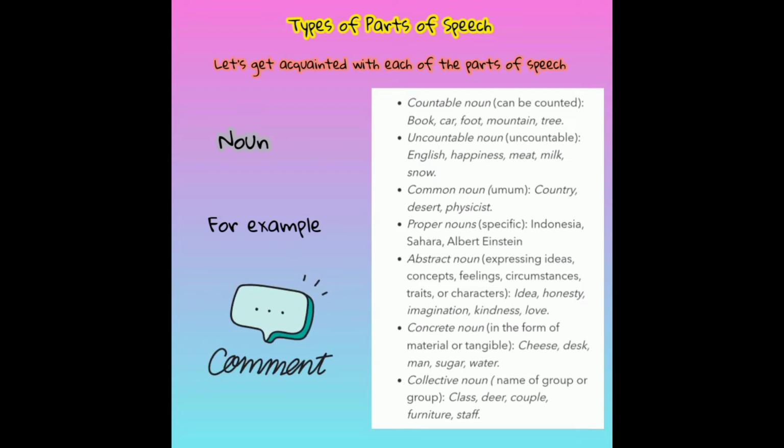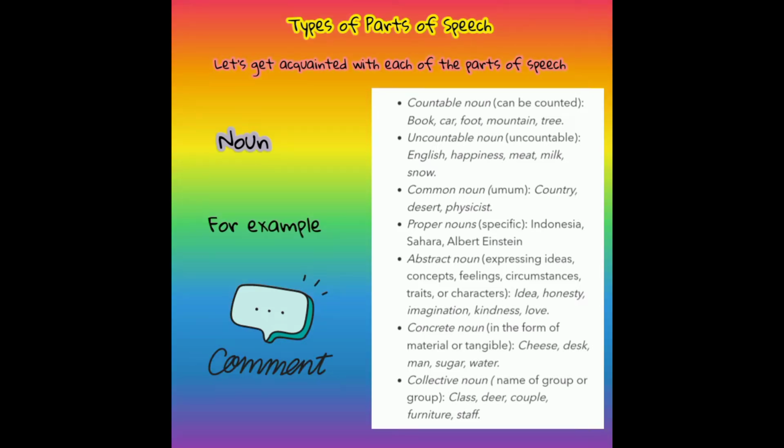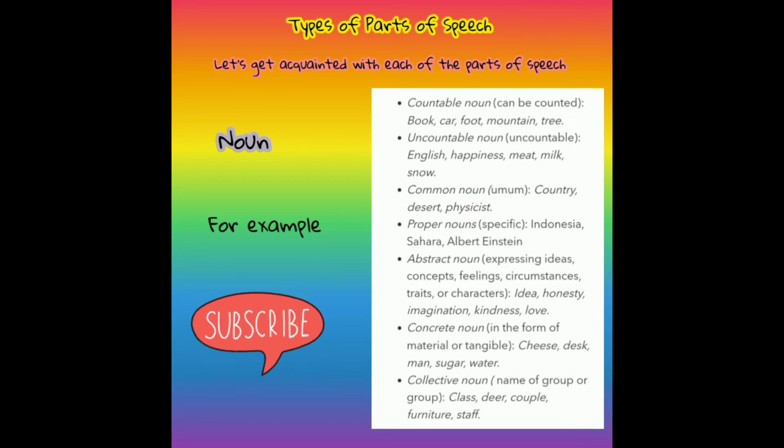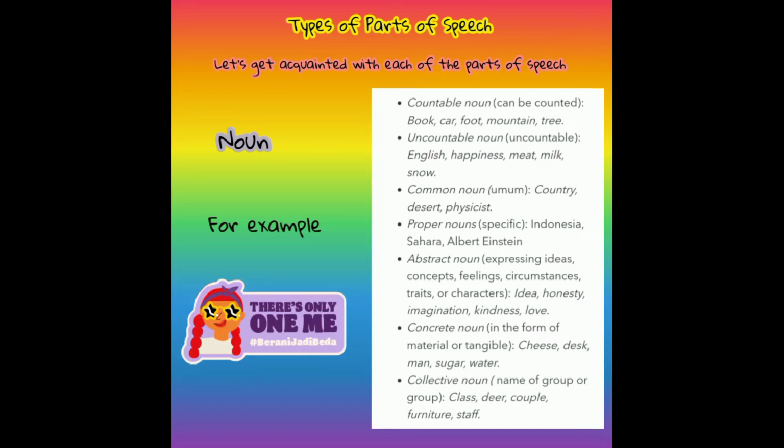Uncountable nouns: English, happiness, meat, milk, snow. Common nouns: country, desert, basics. Proper nouns, specific: Indonesia, Sahara, Albert Einstein.